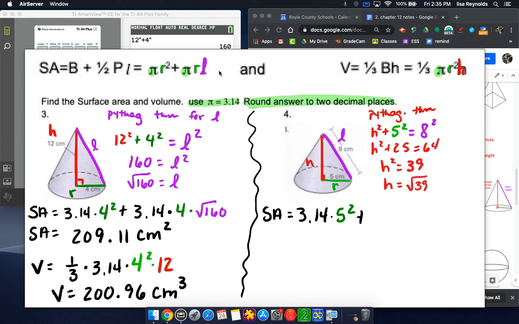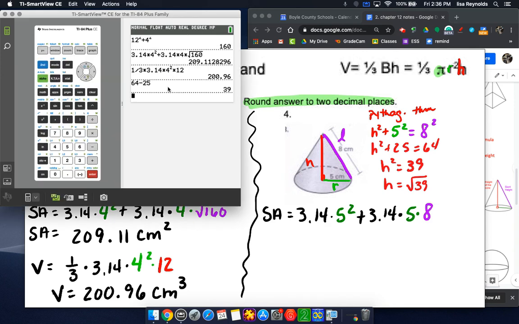So we're going to add 3.14 times the radius value of 5 times the slant height of 8. And now we go to the calculator. Pi times the radius squared plus pi times the radius times the slant height.